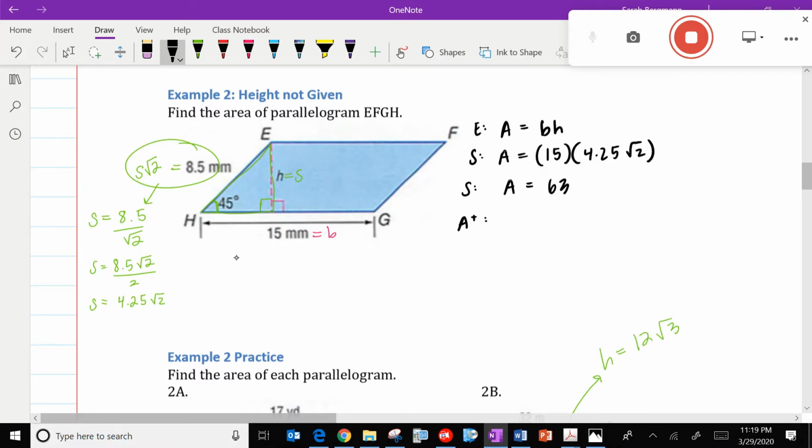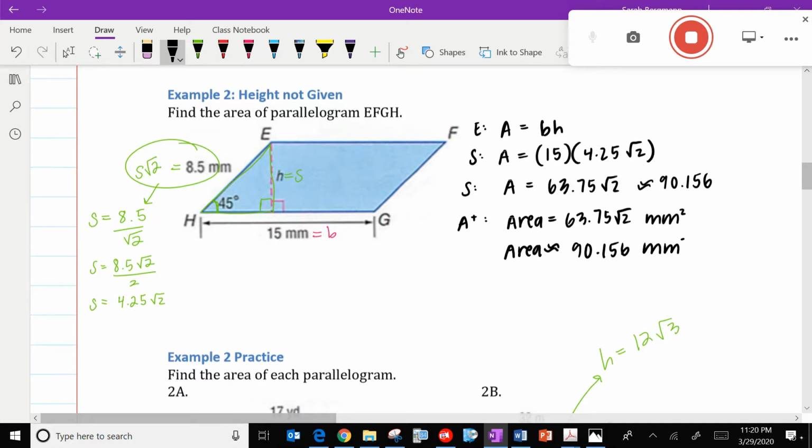So that gives me 63.75 radical 2, which is approximately equal to 90.156. So my answer, the area is exactly equal to 63.75 radical 2 millimeters squared. The area is approximately equal to 90.156 millimeters squared.